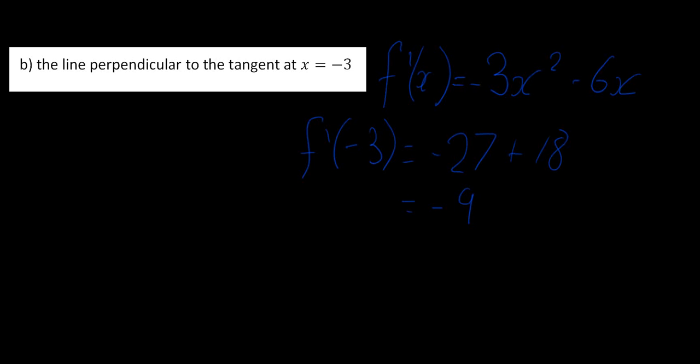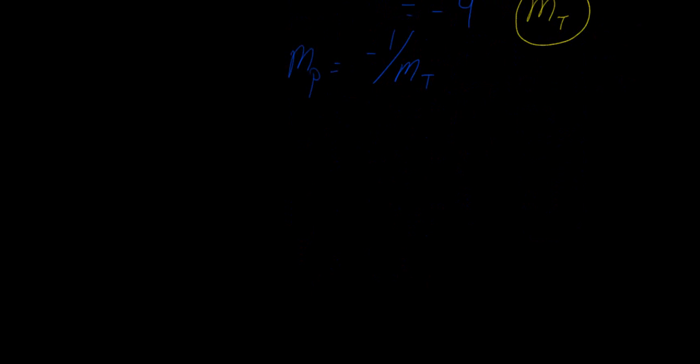This is the gradient of our tangent. What we want to find is something else, the gradient of the perpendicular line. So we say NP is equal to the negative reciprocal of our tangent gradient. This is equal to 1/9.